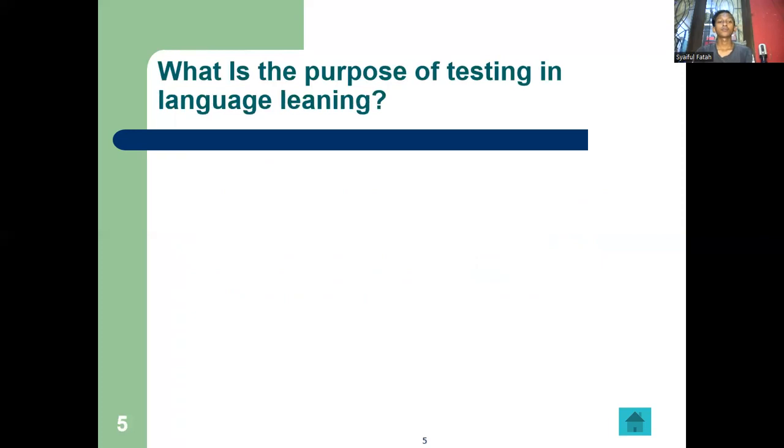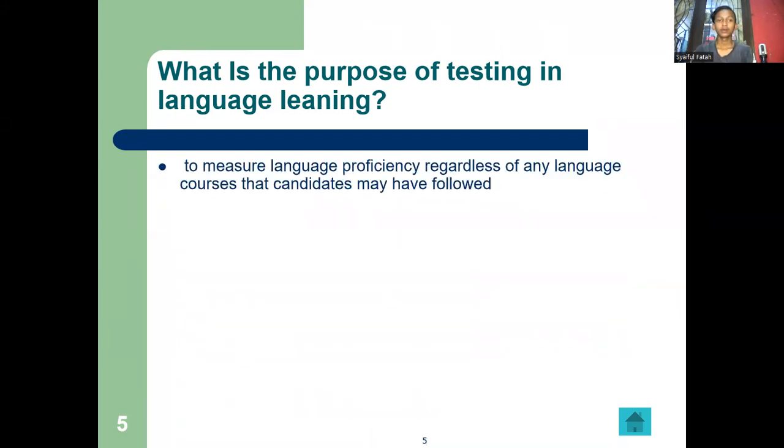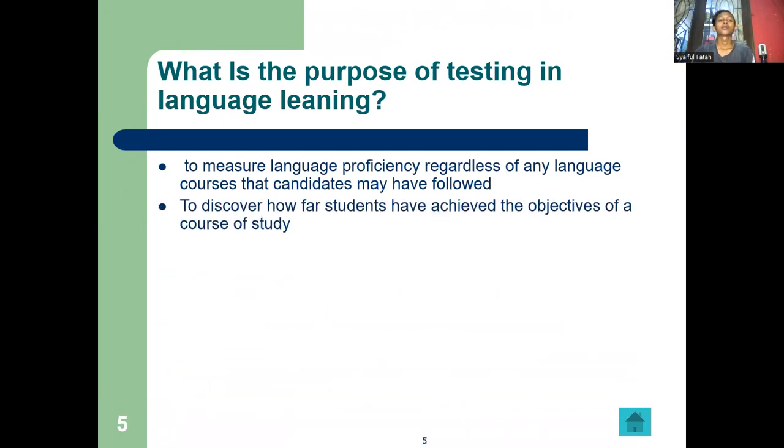what is the purpose of testing in language learning? To measure language proficiency regardless of any language courses that candidates may have followed. To discover how far students have achieved the objectives of a course of study.